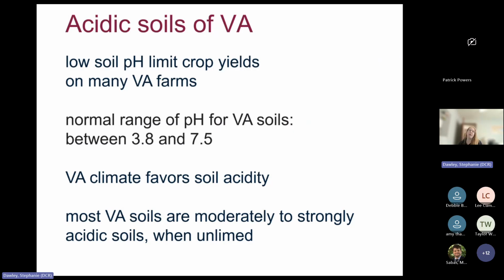The higher you get on the alkalinity or the basic side, the tougher it is. Crops really do not like that. And if you remember back to Dr. Galbraith's one slide, he had in there that the pH of lemons and vinegar was 2, whereas lye and bleach was, I think, 12.